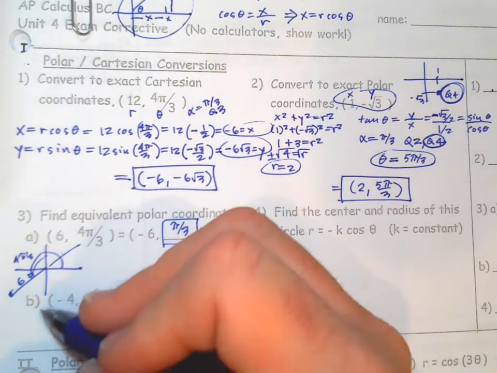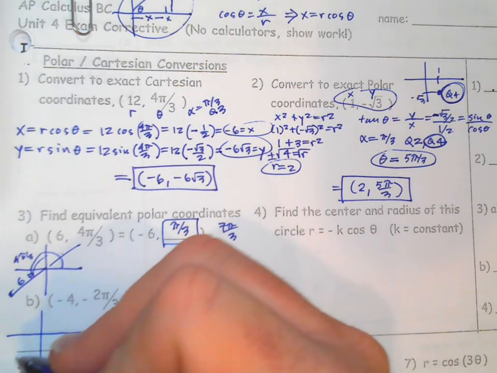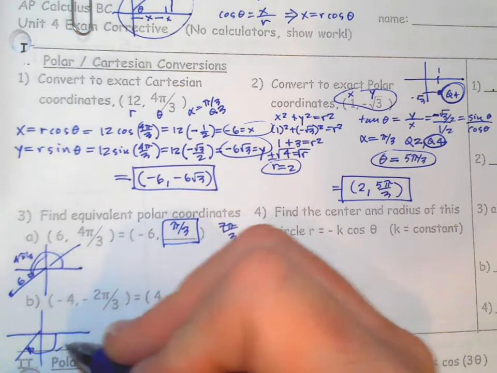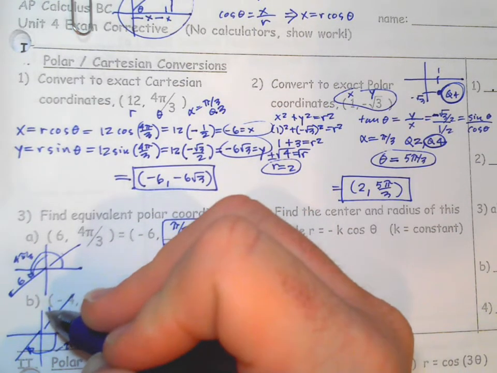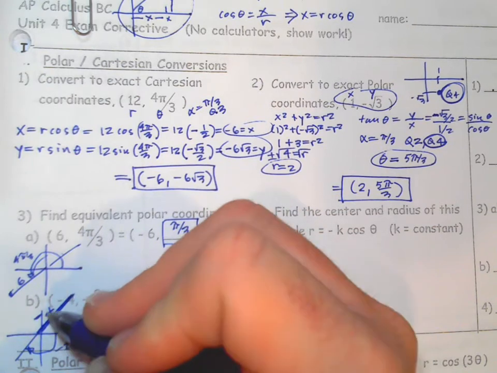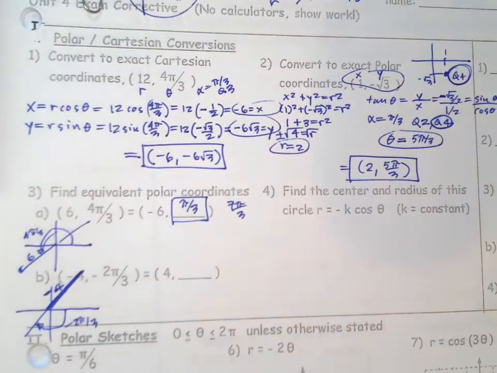This one here, negative 2 pi over 3, would be right there. And negative 4 would be over here. So this is where the actual coordinates end up putting us.